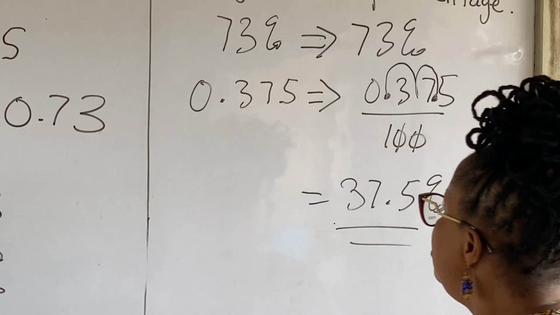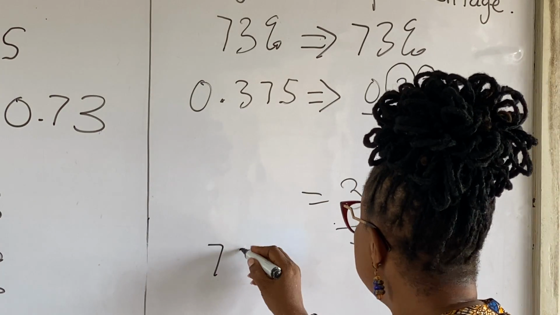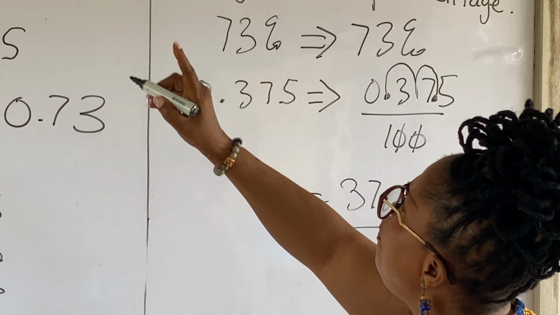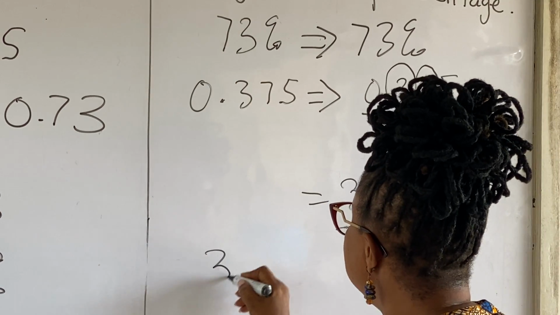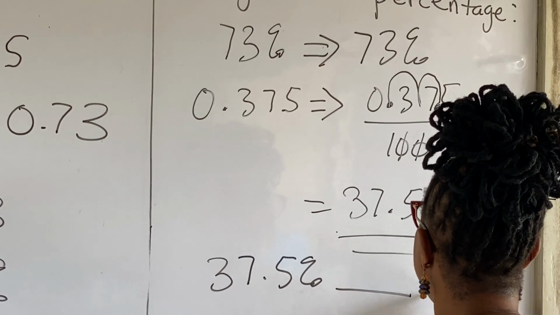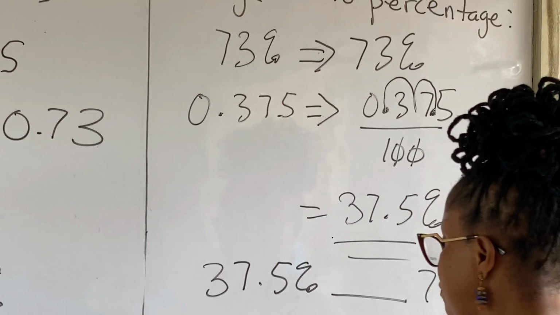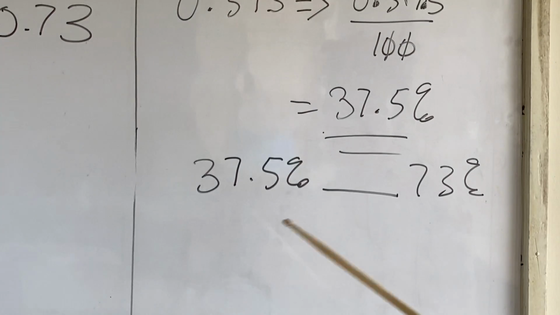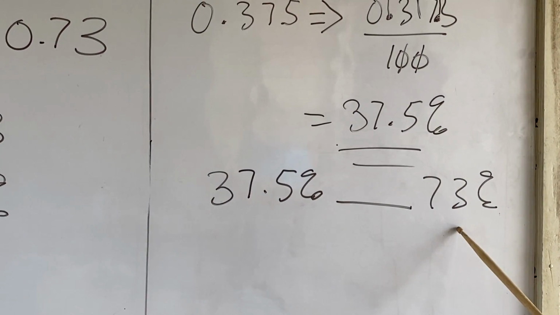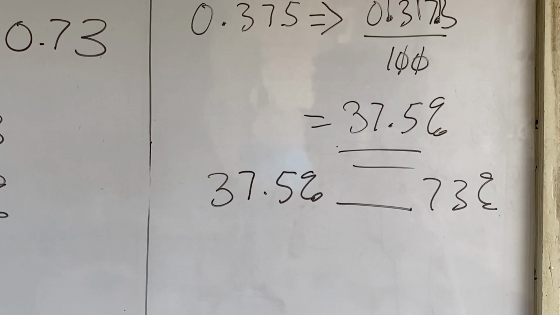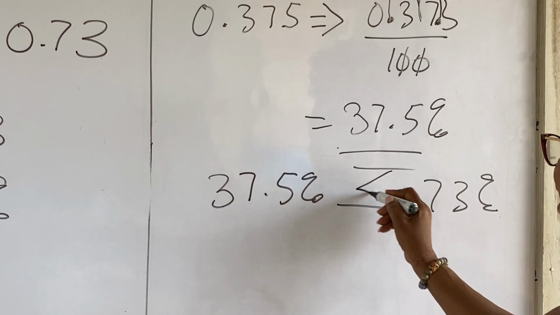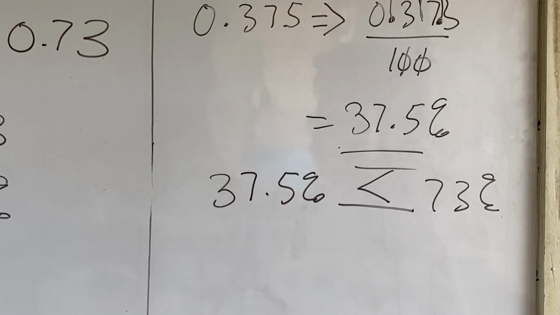So we are now going to compare 0.375, which now becomes 37.5%, and 73%. So 37 and 73, you can see clearly that 73% is greater than 37.5%. So the open end will face 73.